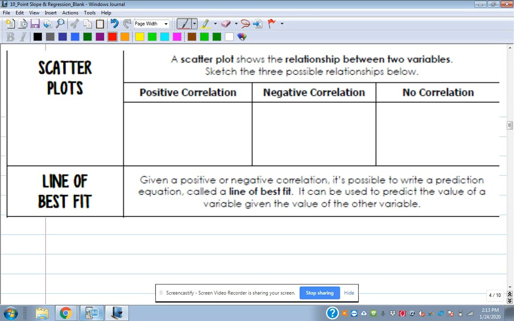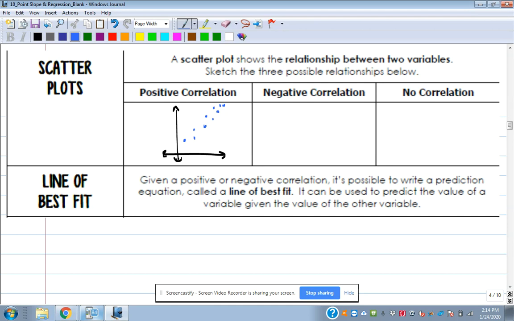And if there's a positive correlation, what that normally means is that on the coordinate plane, when you plot your data points, and I'm just going to draw mostly first quadrant here, your data points may not be perfectly in line, but they kind of follow a trend that looks like a positive slope. That's a positive correlation.